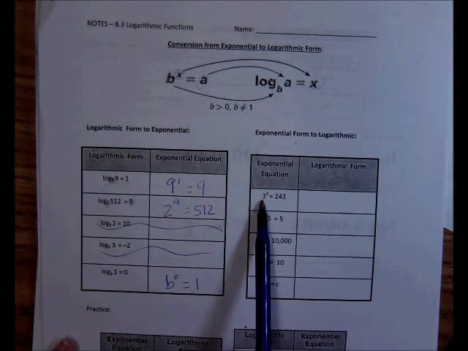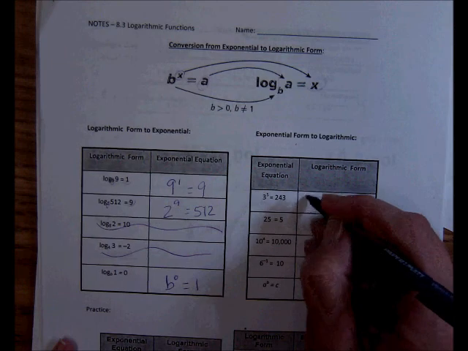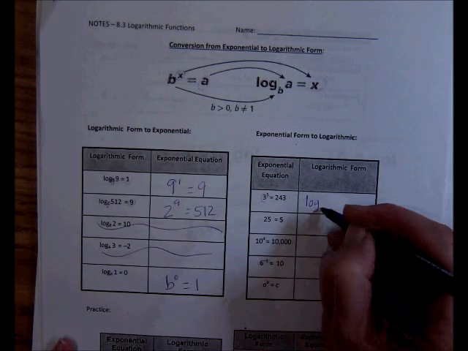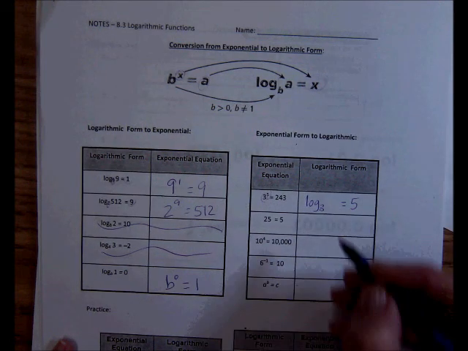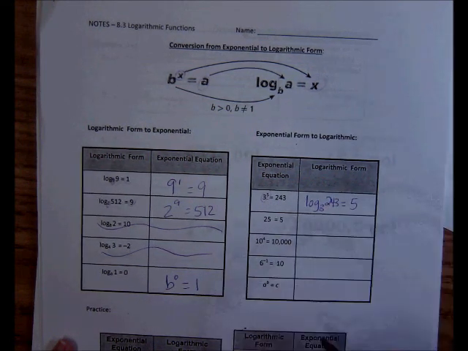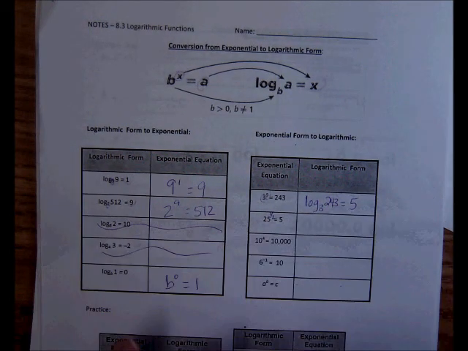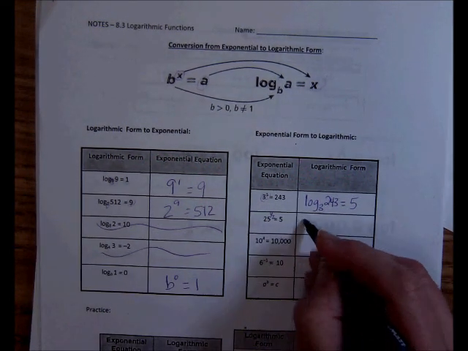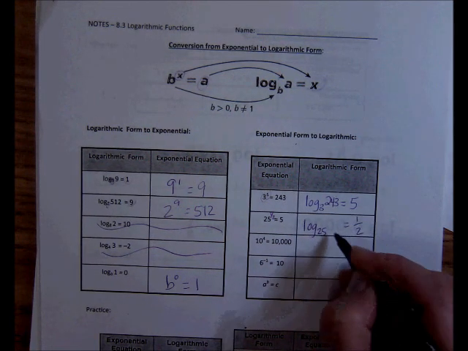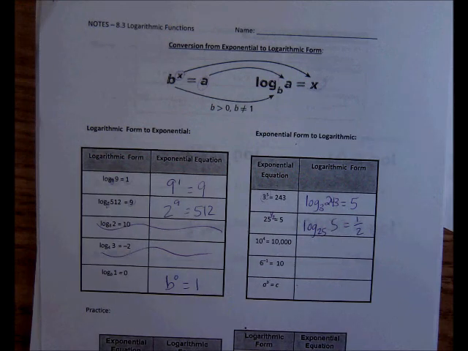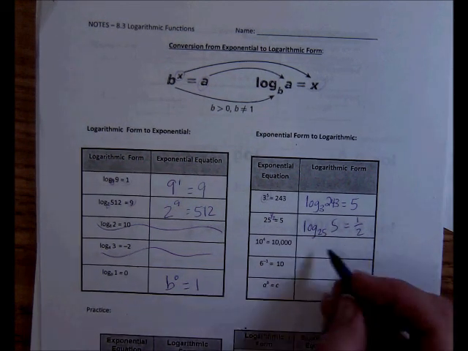Now sometimes you're given an exponential equation and you need to write it in logarithmic form. So we just write log, and my base is 3, and I know that my exponent is 5, so I'm going to go ahead and write that over there, and I put 243 in here. Here I should add an exponent of 1/2, so log base 25 of 5 is equal to 1/2.